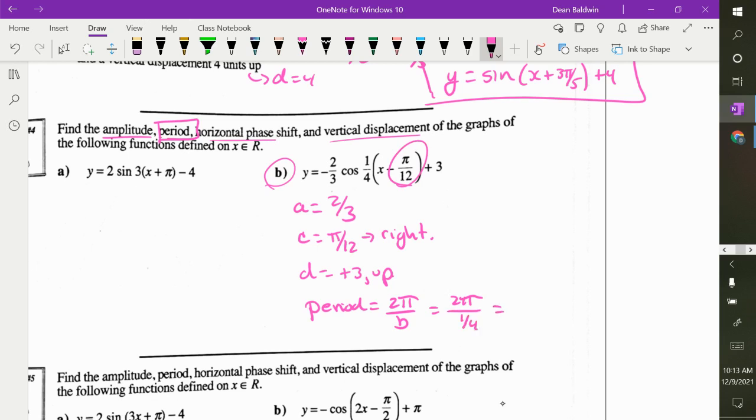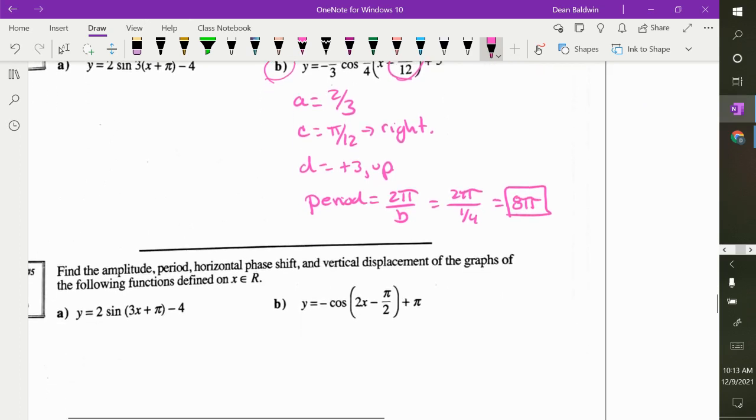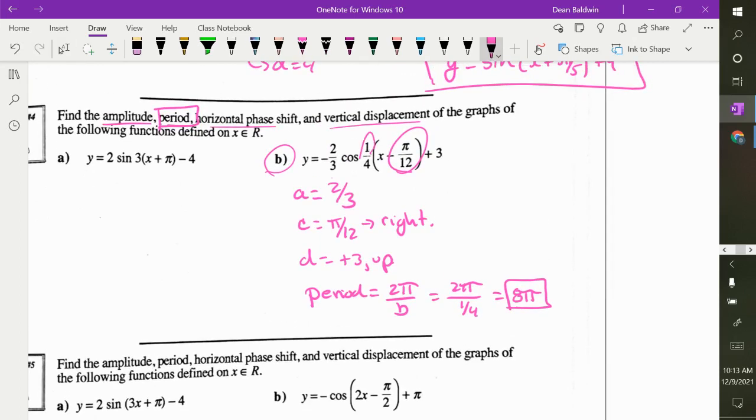So what's the period? 8 pi. Is that okay? Going once, going twice. Are we good? I have one more question to do. Because that's your B value. No, you put your B value there, and then you flip it. Yeah. So that's a factor that it changes by.